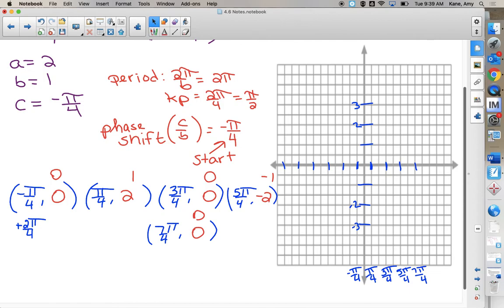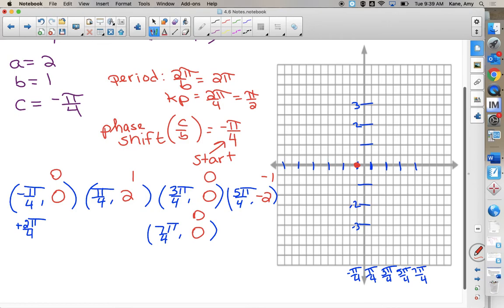And then we're going to plot the 5 key points. And when you connect it, make it a dashed line, because this truly isn't our end answer. We're just using the graph so that we can then graph the cosecant. So our first point, we shifted to the left at negative pi over 4. There was a phase shift, so our first point is at negative pi over 4, 0.